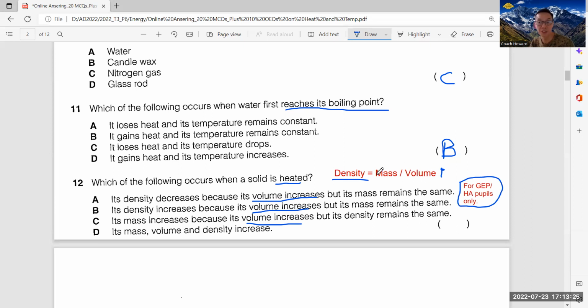So when the denominator increases, the number here will drop. So answer is A. Okay. So when you heat something, it increases in volume. So when you use the same mass divided by a bigger volume, it will cause the density to drop.